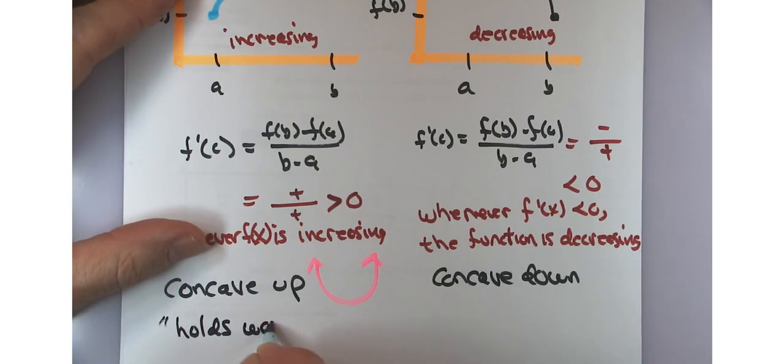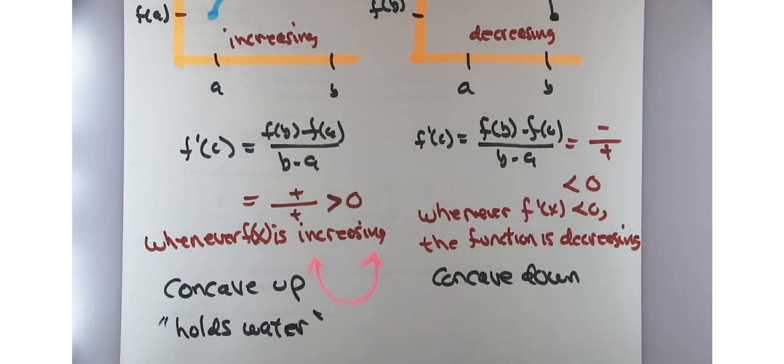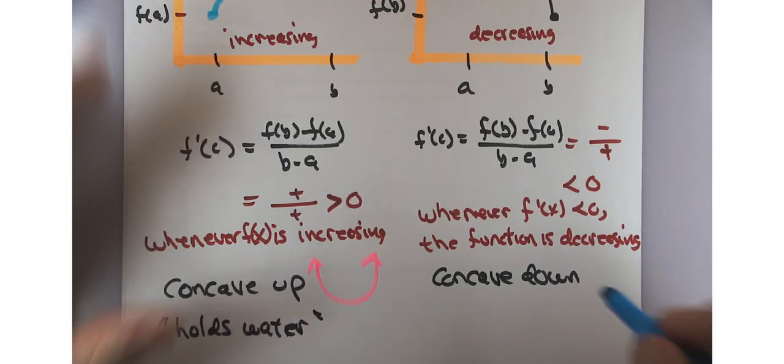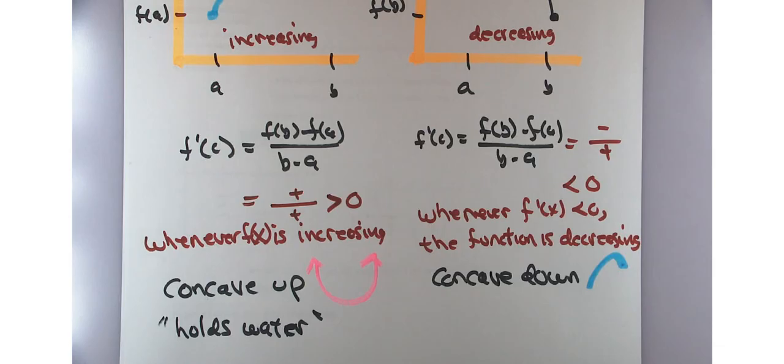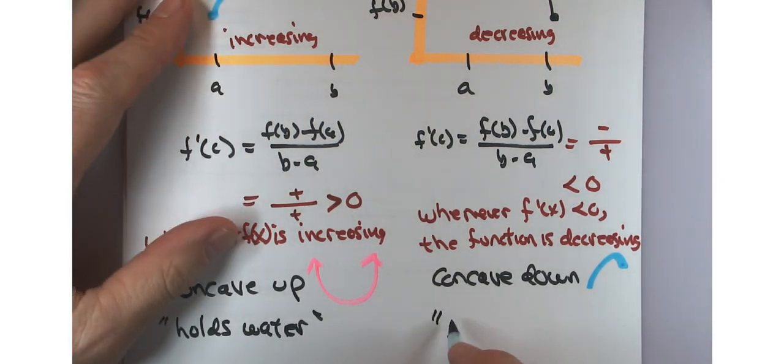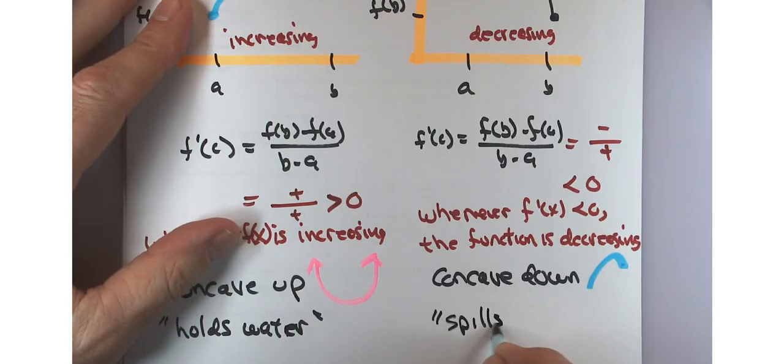So if you were to spill a cup of water into this, it would hold some of that water. Whereas concave down would be something like that. It's going to have a concave down shape, and that would spill water.